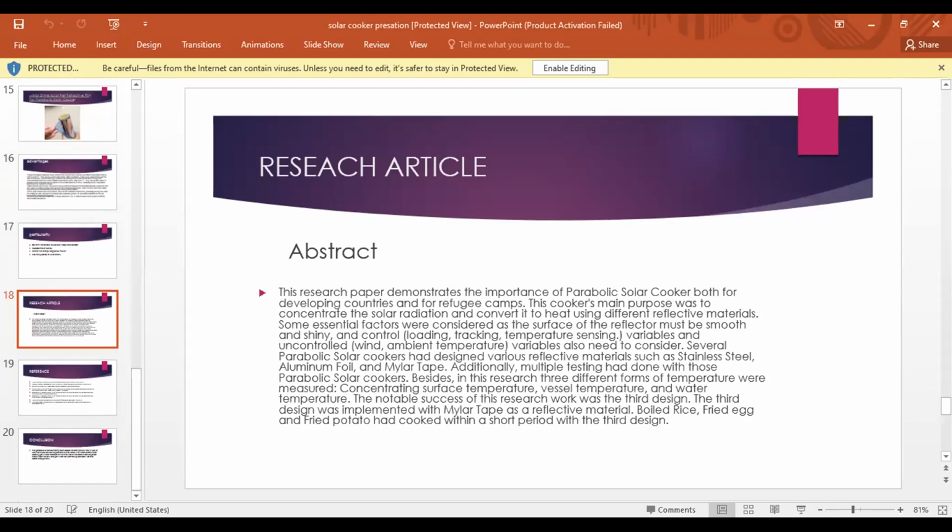Some essential factors were considered: the surface of the reflector must be smooth and shiny, and controllable variables like loading and temperature. Uncontrollable variables, which are wind and ambient temperature, also need to be considered.